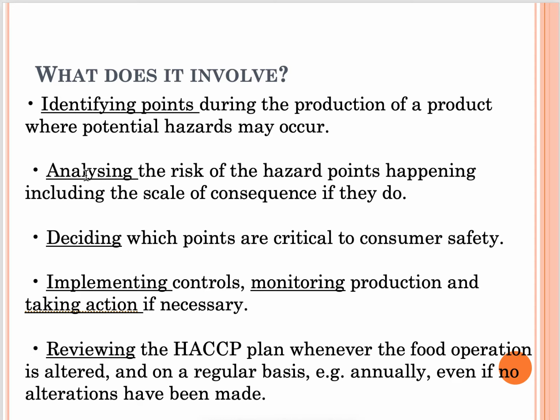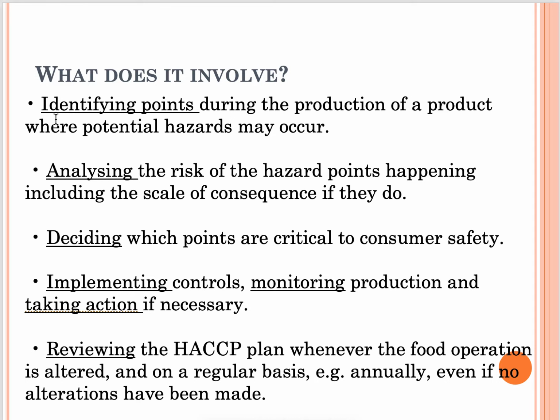Then analyzing the risk of the hazard points happening, including the scale of consequence if they do, deciding which points are critical to consumer safety, implementing controls, monitoring production and taking action if necessary, and reviewing the HACCP plan whenever the food operation is altered and on a regular basis, for example annually, even if no alterations have been made. So these are the things done in the HACCP system.